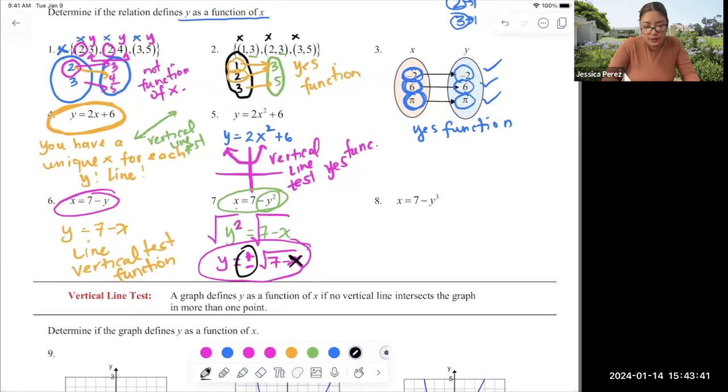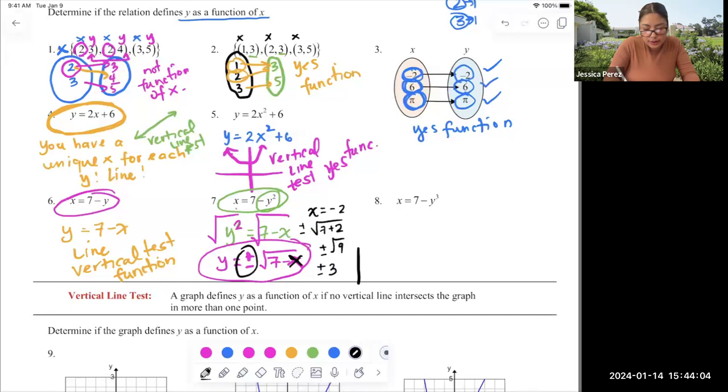So then you'll say no. For example, you'll get two different values. Let's say I say x is equal to -2. If I include that, that's plus or minus the square root of 7 plus 2, because 2 minuses give me a plus. This is plus or minus 3.